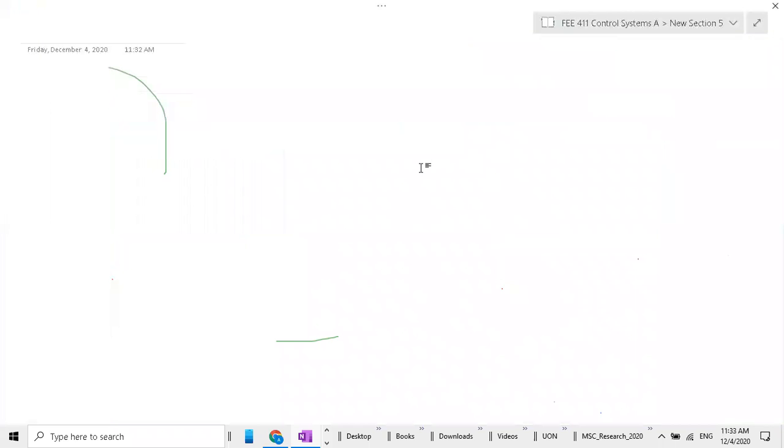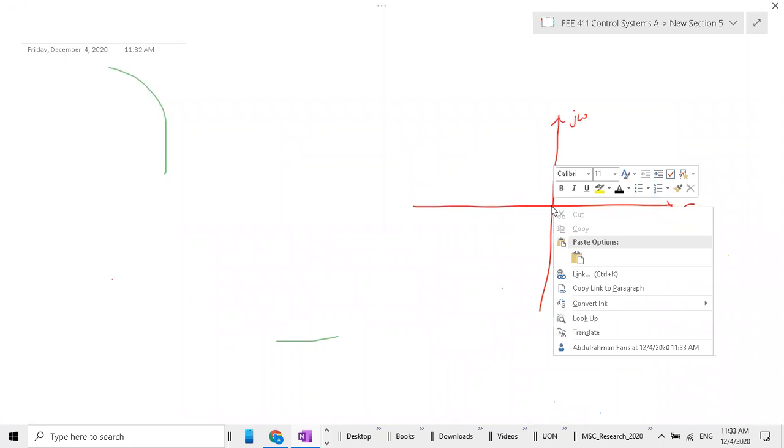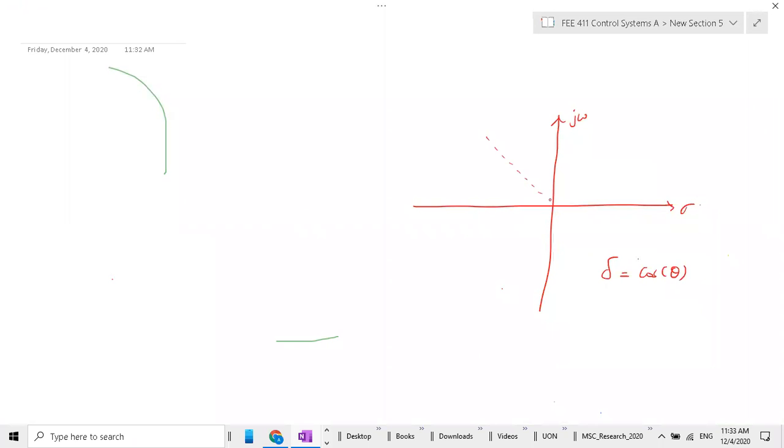So if you have the j omega axis like that, the damping ratio always equals cos theta, where theta is this. So if you have a damping ratio of 0.6, your theta is cos inverse 0.6. I think is what, 53? 53.1. Yeah, so you have 53.